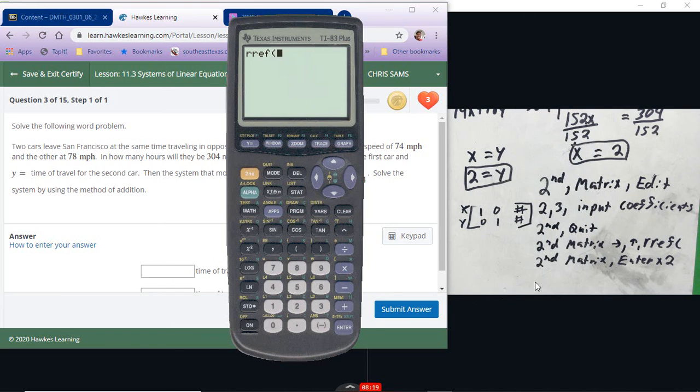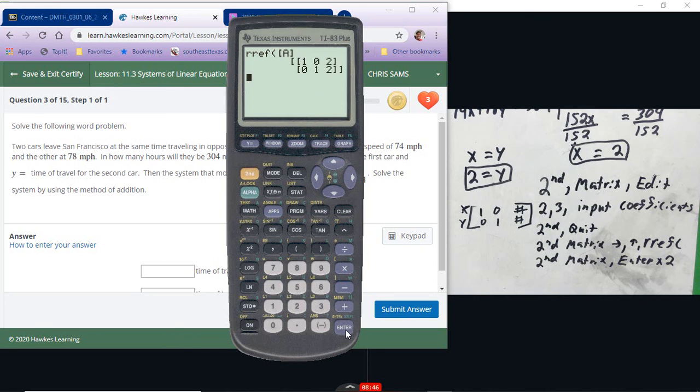All right, now it's waiting. Now we're going to do second matrix one more time, and then we're just going to hit enter on A. We want to solve it so that RREF is reduced row echelon form. If you ever take linear algebra or something like that, we talk about matrices. It's going to solve it, and we're telling it we wanted to solve matrix A. That's the one we just edited.